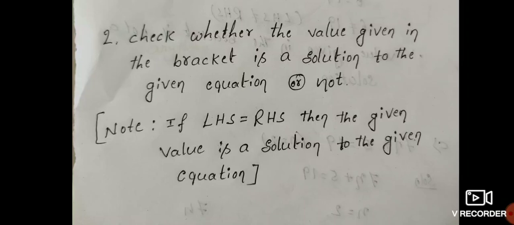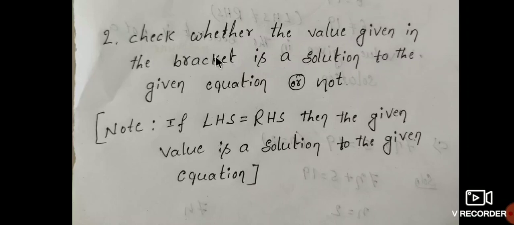In the second problem they have given: check whether the value given in the bracket is a solution to the given equation or not. That means we have to check whether the value given in the bracket is a solution to the given equation or not.